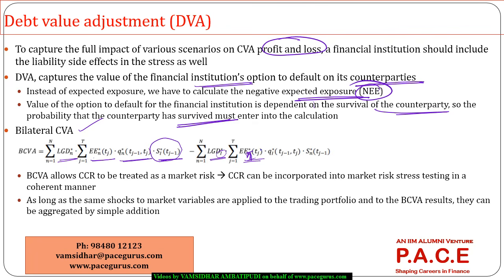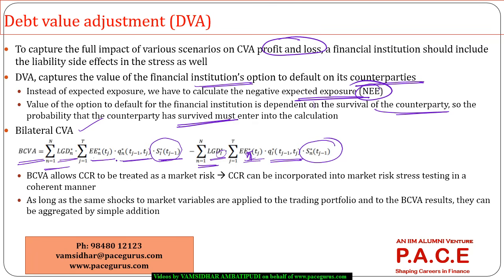Wherever it is negative, I'll take the weighted average value of that. Then the marginal probability of default of my institution to my counterparty, multiplied by the probability of survival of my counterparty at that particular point in time. So all these are added across all the counterparties, and this is what will compute the bilateral CVA.